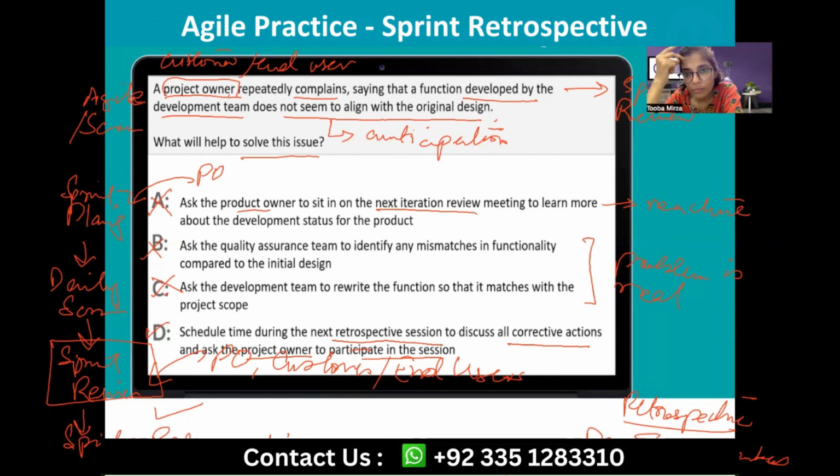So if we talk about C and we ask the development team to rewrite the function, yes, that's a judgmental call. We are saying that the product owner is right and you have to do it. But if we say B, it means we think the product owner is right, but we would ask the QA team to re-verify if the product owner is right or wrong.